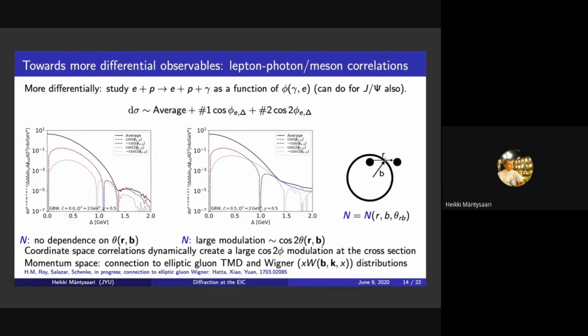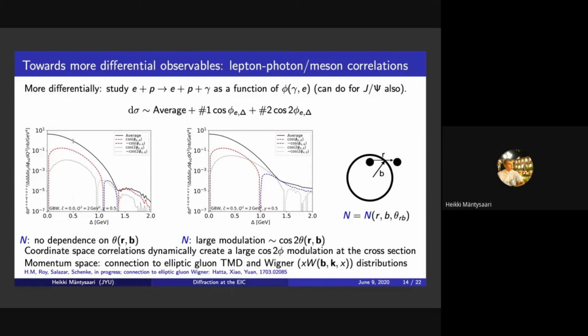Now, if this interaction doesn't depend on the angle or the orientation of this dipole, then what I get is the left-hand side plot. Let me walk you through this. So the black solid line is the average cross-section as a function of momentum transfer. So this is the part that doesn't depend on the angles at all.